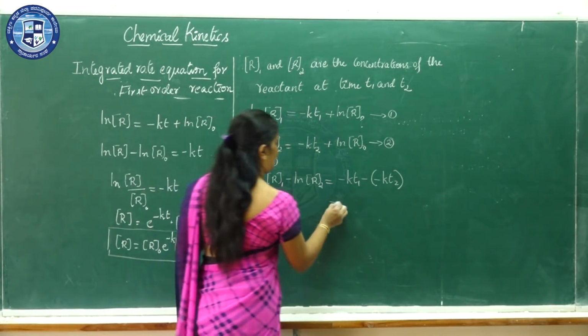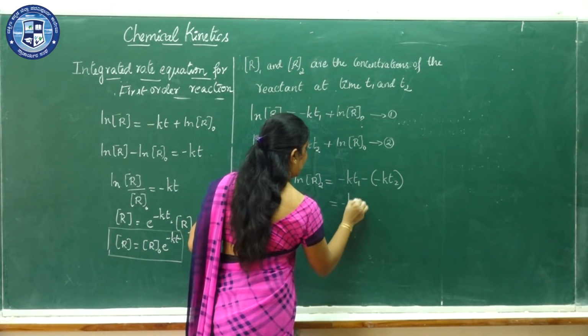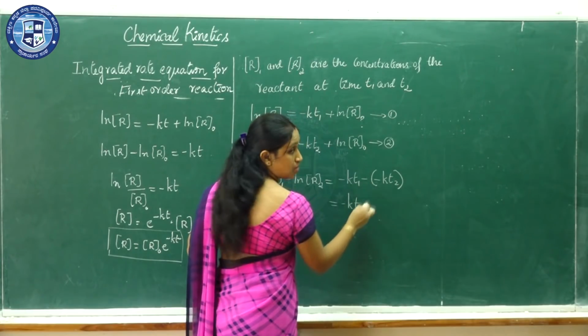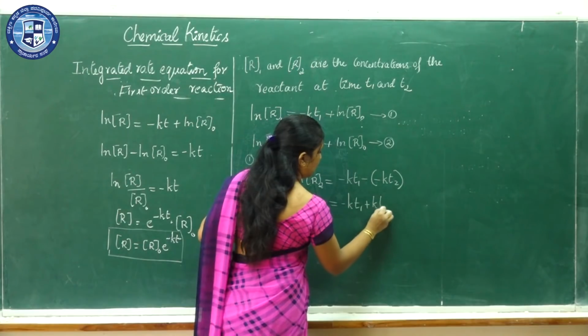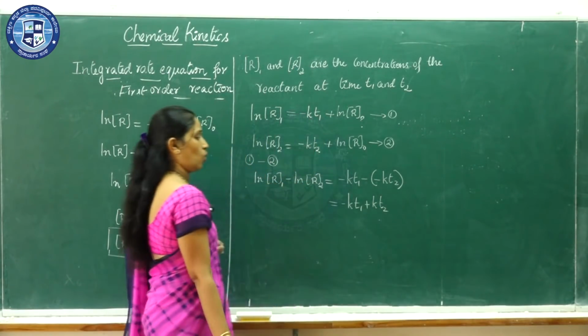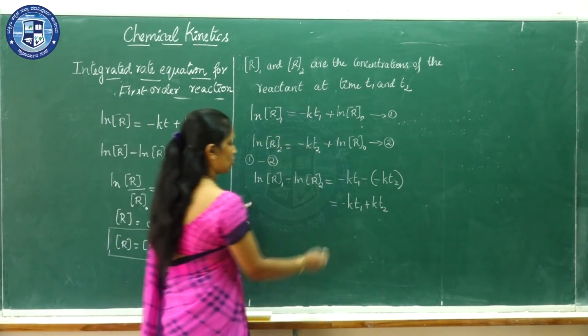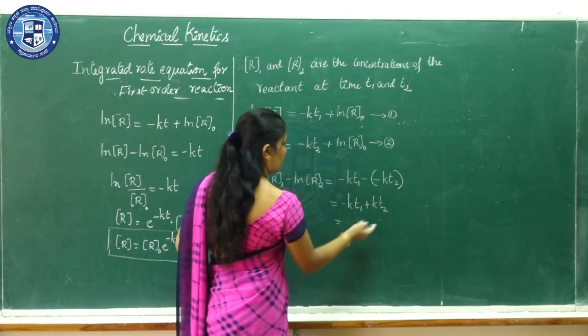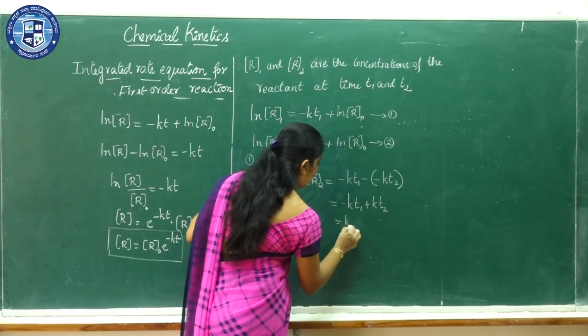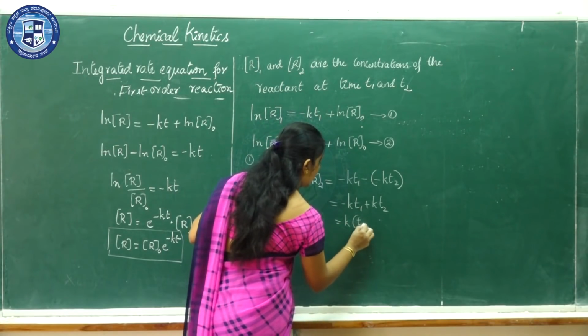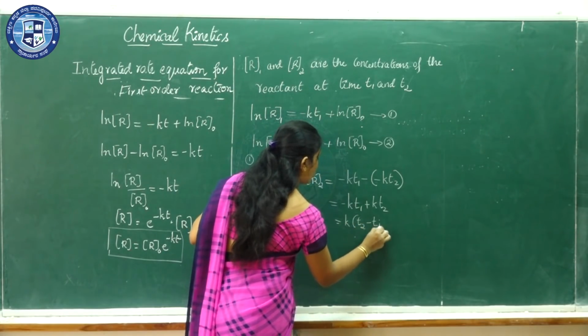Now it is minus kT1, and minus minus becomes plus kT2. So here, what is common? K is common. You can take it outside and write this as T2 minus T1.